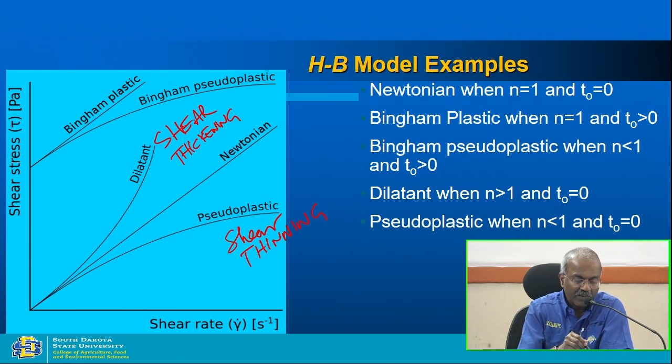This is Bingham plastic. I also added Bingham pseudoplastic. Bingham plastic is similar to this one with the yield stress. Bingham pseudoplastic is similar to pseudoplastic except for the addition of yield stress.